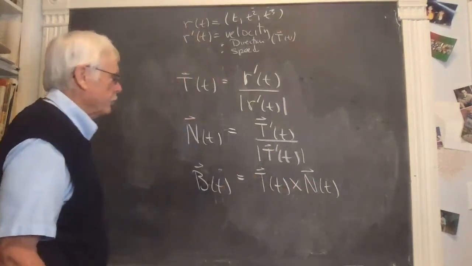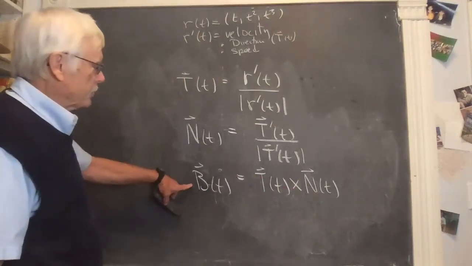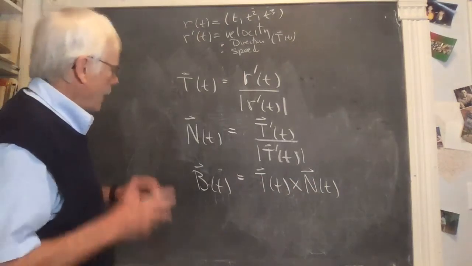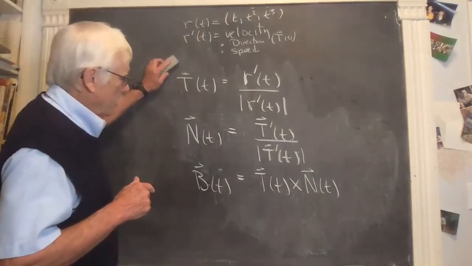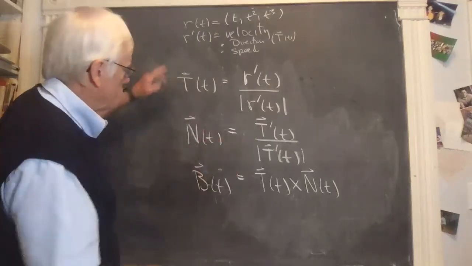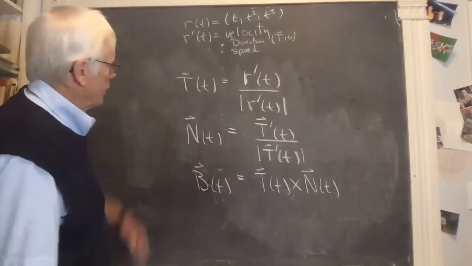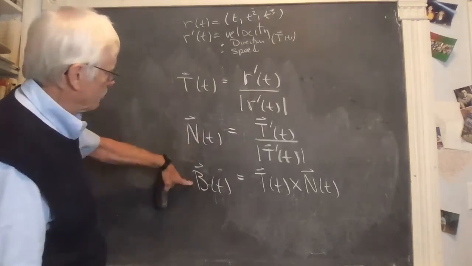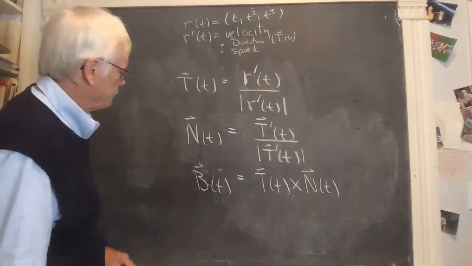You heard it here first. So this is automatically a unit vector. Okay. So this is what I would like you to know. I'd like you to be able to graph these. This points in the direction that you're turning. This points in the tangent direction. This is perpendicular to each of these 2.